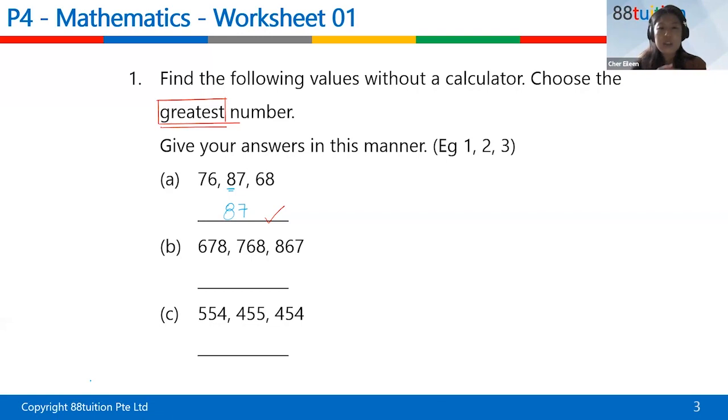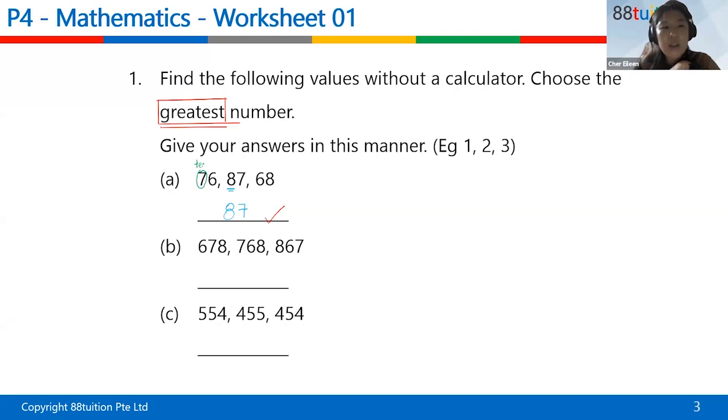Does anyone not know how to do this question, how to get 87? No. So every time when we want to choose a number, we actually look at the tens. Do you know where are your tens? Let's say for A, 76. Is 7 or 6 in my tens position? 7, correct.